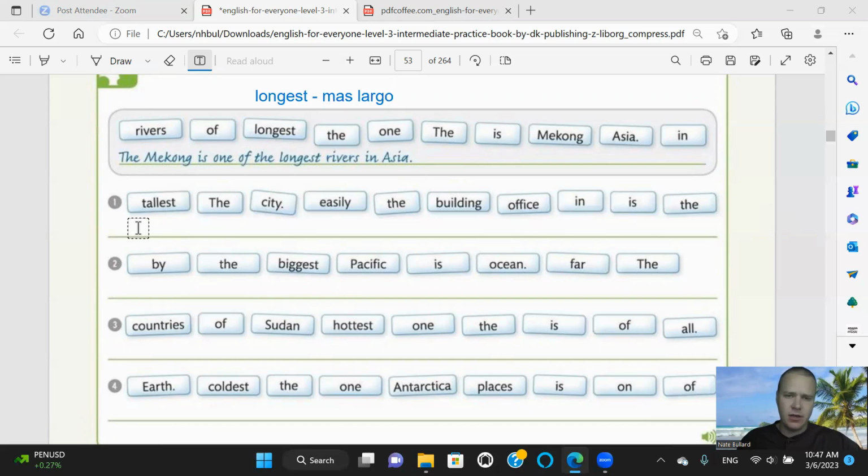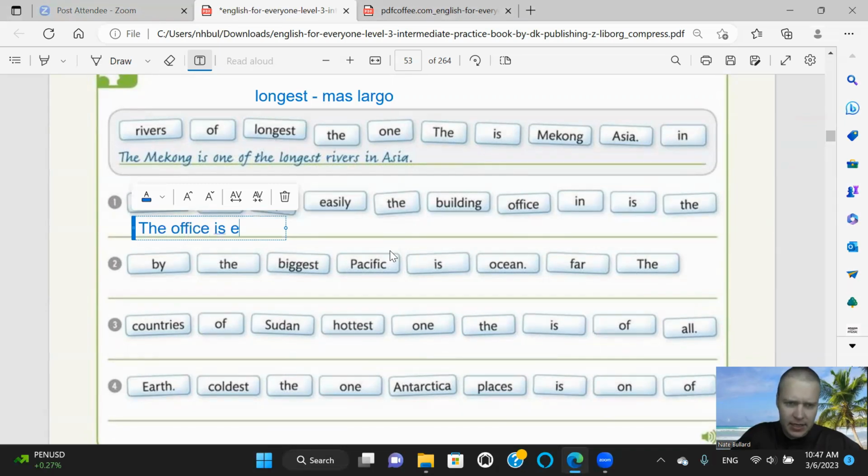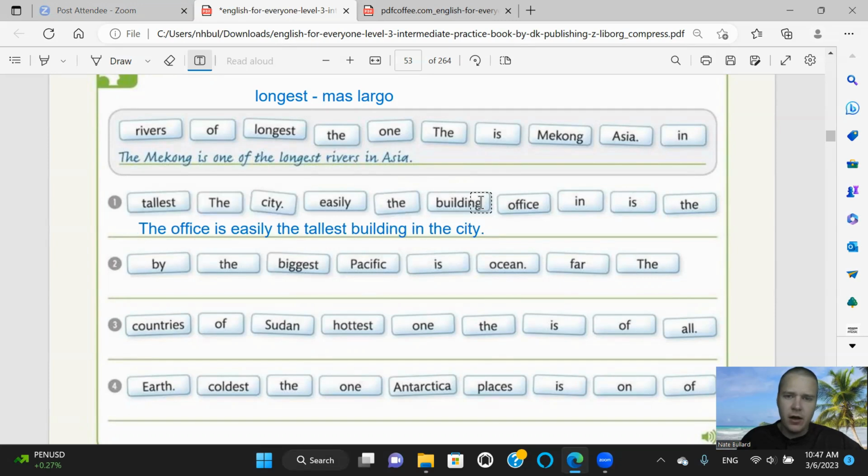This one is going to be the office is easily the tallest building in the city. The office is easily the tallest building in the city.